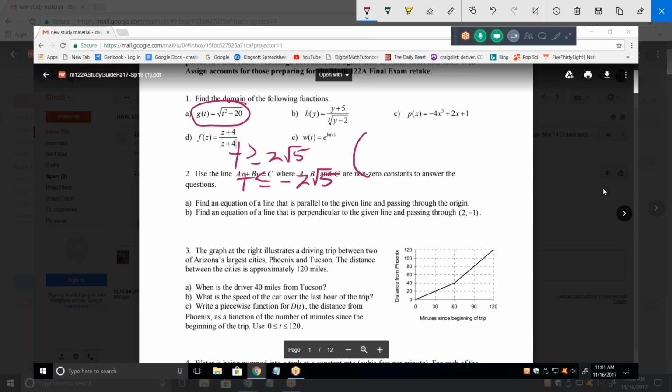That'd be negative infinity, then comma, 2 square root of 5 with a bracket. Hold on. When you go from left to right on the number line, you come to this number first. So it's not 2 root 5, it's negative 2 root 5.